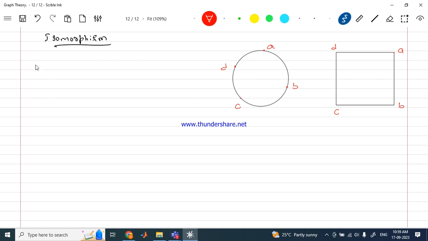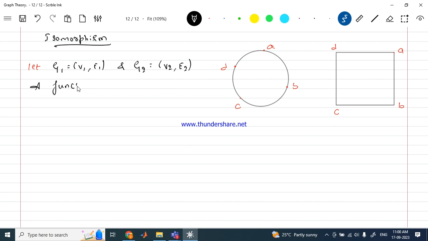They can ask you to define graph isomorphism, and then determine whether the following graphs are isomorphic or not. The question will be like this, so please learn this definition as well. Let G1 equal V1, E1 and G2 equal V2, E2. I have two graphs. Now you define a function.